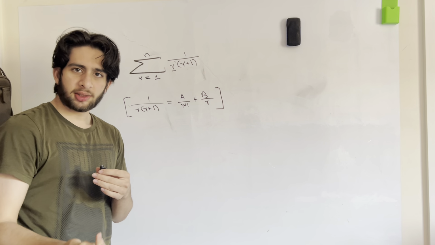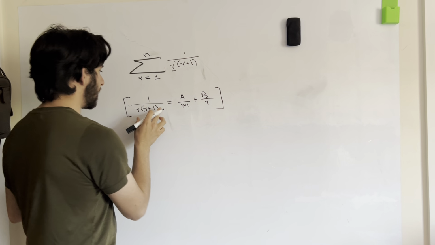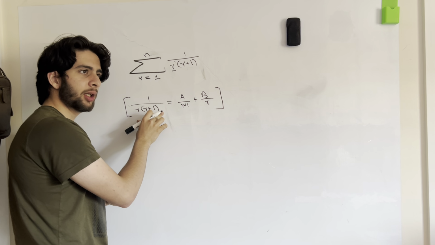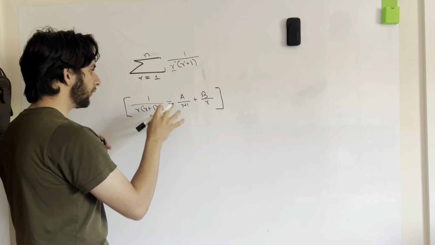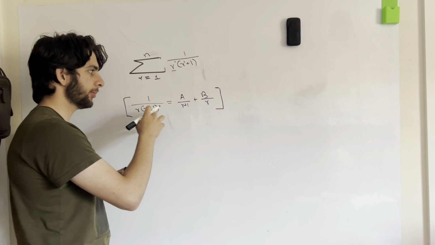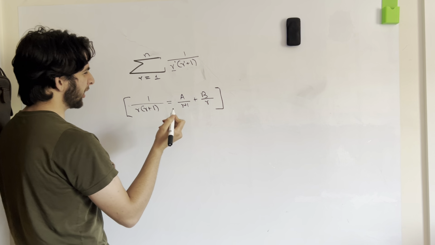The easiest thing to do over here is to multiply both sides by the denominator. Because if you multiply by the denominator, then you can get rid of the left-hand side of r times r plus 1, which is quite cumbersome, and actually simplify the right-hand side down a fair bit as well.